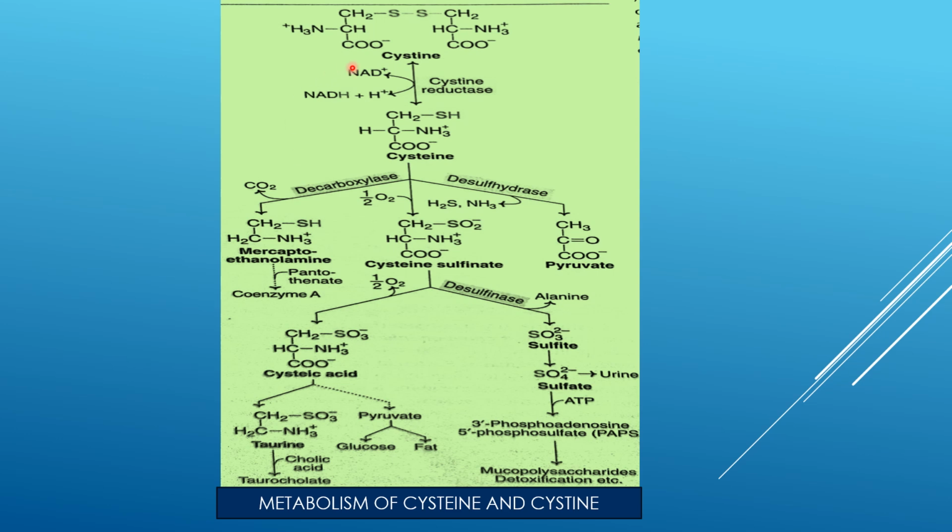Then in this picture, we'll see cysteine further degrade into various biologically important or specialized products. So from cysteine to cystine, from cystine to cysteine. Cysteine can be decarboxylated to mercaptoethanolamine, which is important for the synthesis of coenzyme A via pantothenic acid.